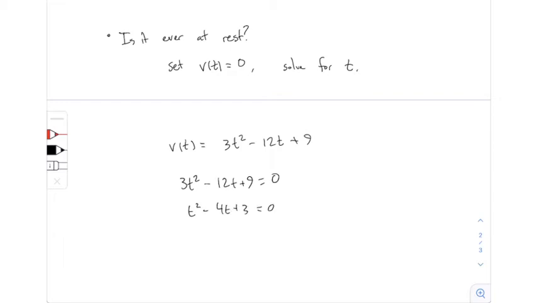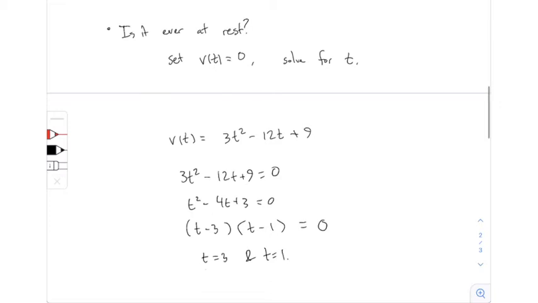And I think I can factor that. What are the factors here? Any factor masters? Yeah, t minus 3 and t minus 1. That means my solutions are t equals 3 and t equals 1. So that means it is at rest at those two times.